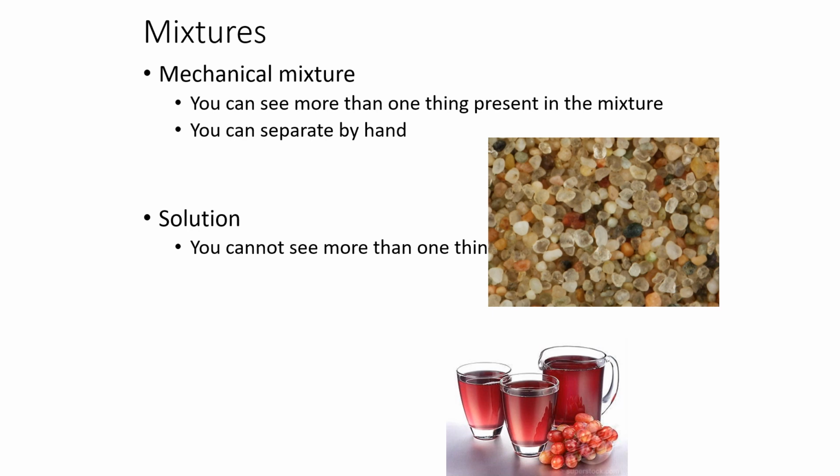So this got cut off a little bit, but a mechanical mixture is when you can see more than one thing present in the mixture, and you could hand separate it if you really wanted to. So here's a mechanical mixture. This is a picture of sand, and sand is made up of a whole bunch of different types of rocks. Like we see some of these clear ones right there. It's probably like silicon dioxide.